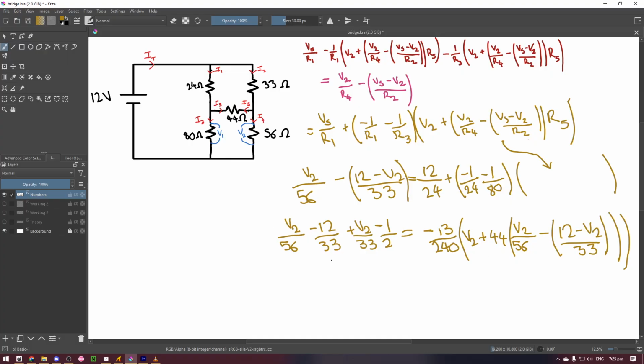So minus 12 over 33 minus 1 over 2 is minus 19 over 22.